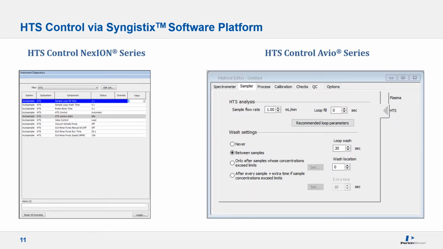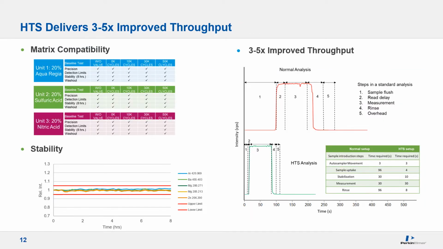The value of the PerkinElmer HTS is improved by having integrated control in Syngistics for ICP-MS as well as Syngistics for ICP on the NexION and Avio respectively. This improvement in user experience results in ease of use, setup, and cross-training benefits for the instrument operators. To establish and ensure a rugged and stable design, the HTS has been tested with a variety of matrices. 3 strong acid matrices are listed here.